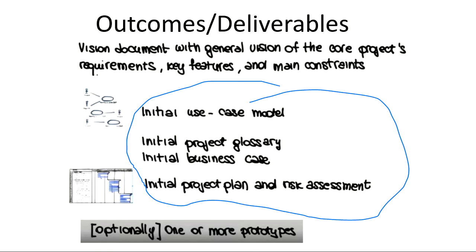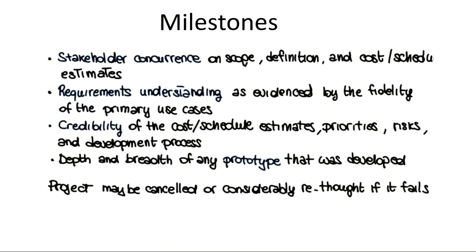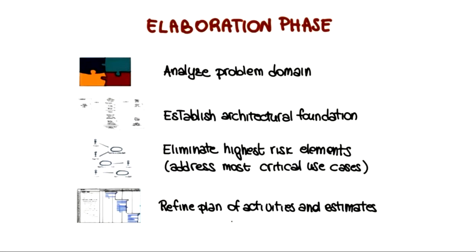Use case model, project glossary, business case, project plan, risk assessment; prototypes are optional. And finally, what are the milestones? Everyone should be happy. That is the milestone. And everything should be reasonable. If you do not achieve these milestones, your project may get cancelled. Any doubts? Tell me fast. Any doubts?